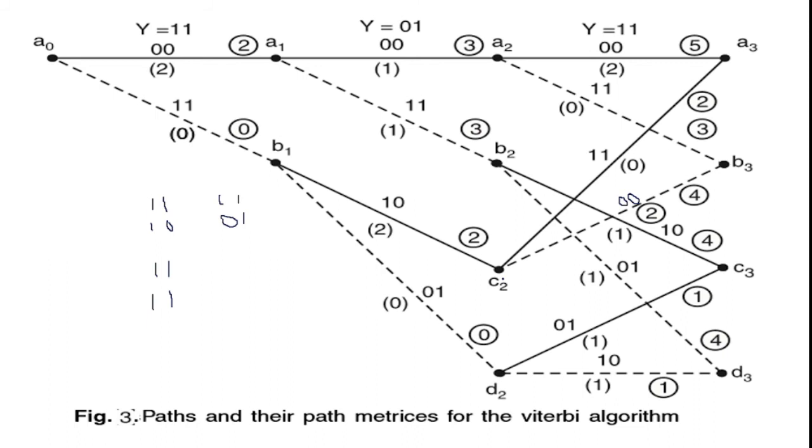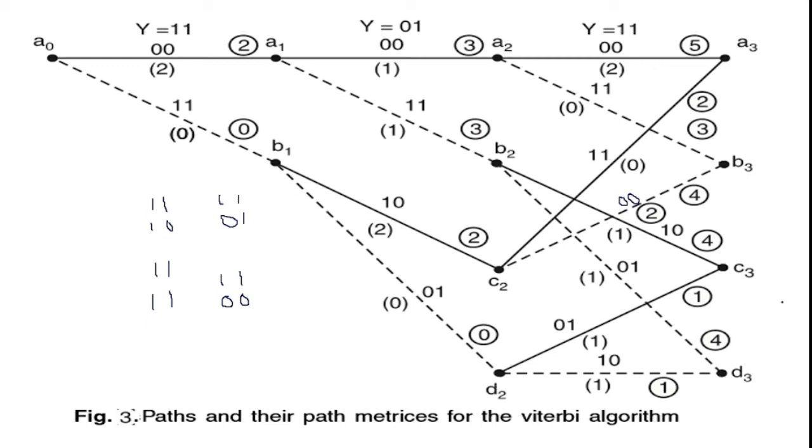Next find out the branch metric of path C2 to B3. Here the encoded signal is 0 0 and the received signal is 1 1, and the difference between them gives branch metric 2. Next state D2.